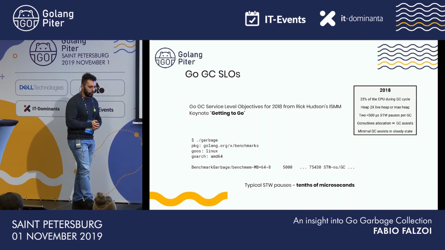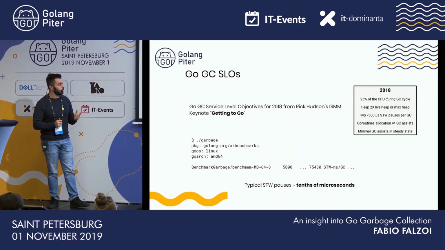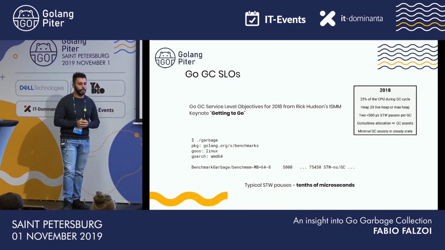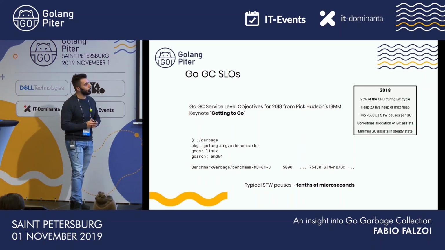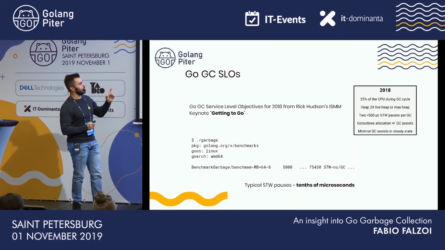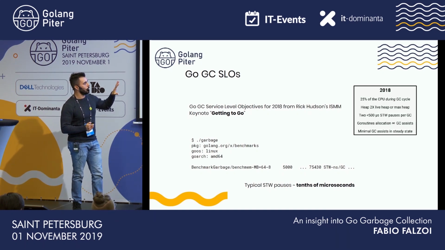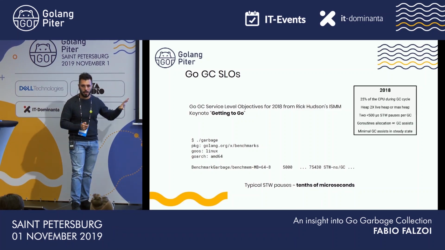Okay. First of all, in 2018, Rick Hudson from the Go team gave a presentation about Go garbage collection, and they defined their service level objectives. The important thing to note here is that they claimed to be able to reach stop-the-world pauses of less than 500 microseconds.